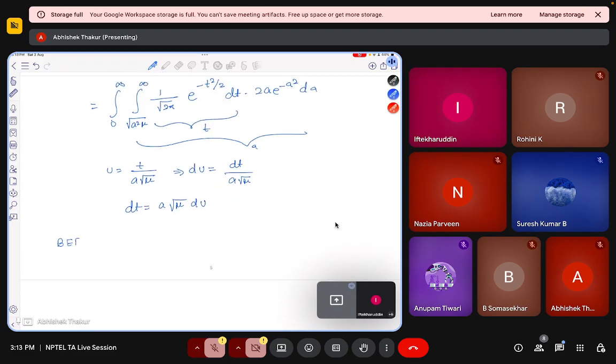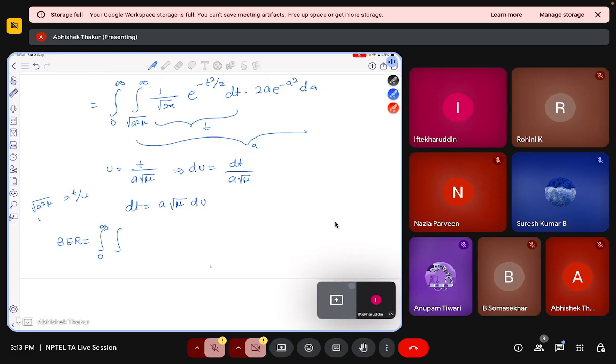So bit error rate will be equal to the integral from 0 to infinity. So u is equal to t by a square root of mu. So here a square root of mu is equal to t by u.